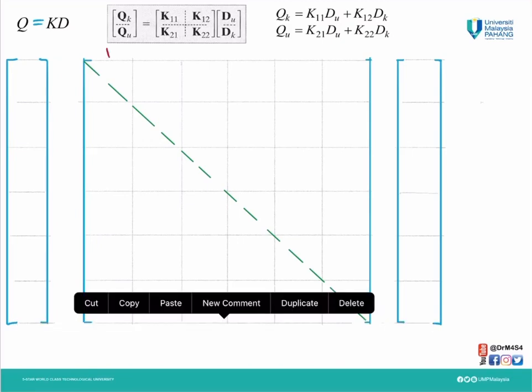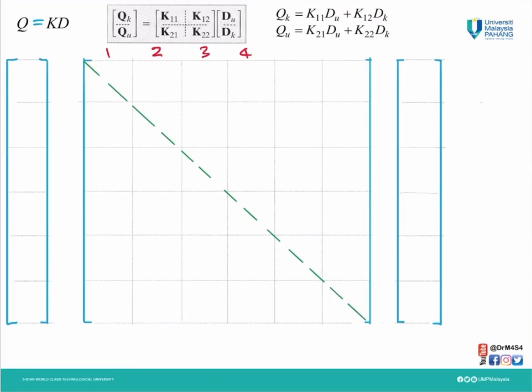So 1, 2, 3, 4, 5, 6. So this one is a 6 times 6 matrix.